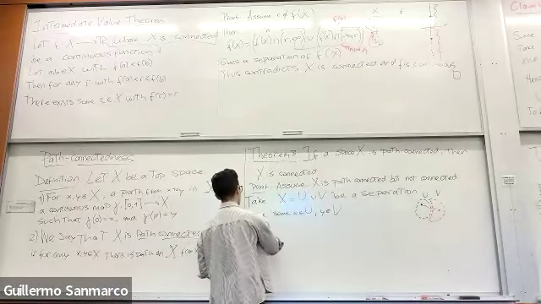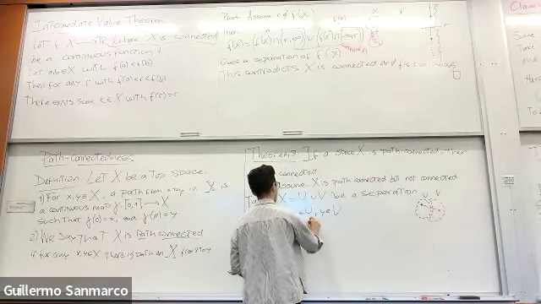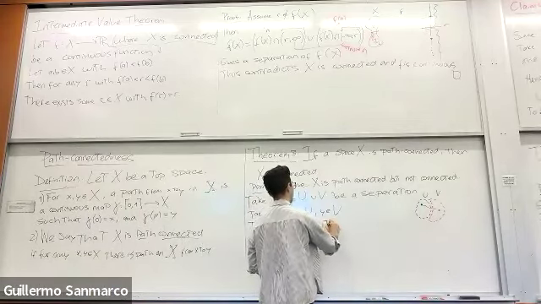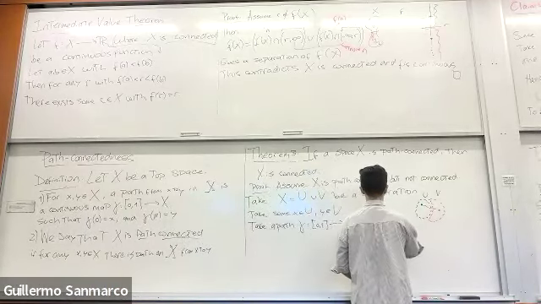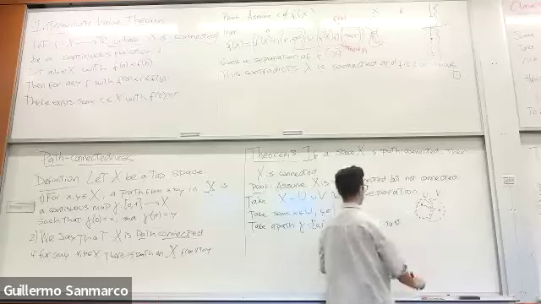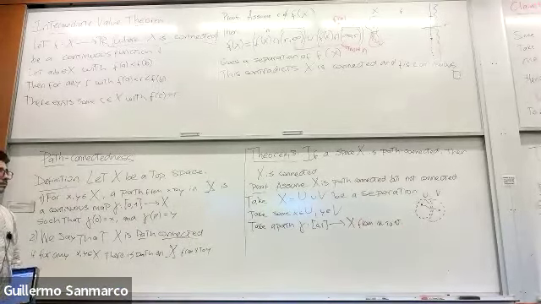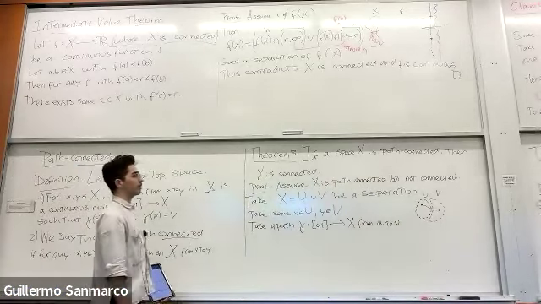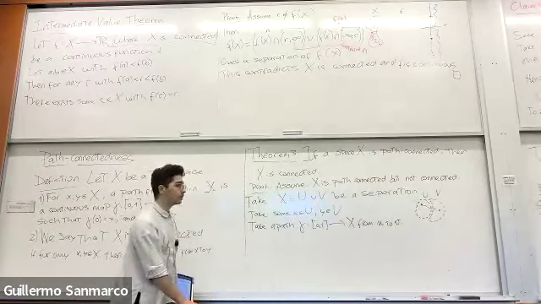So take a path gamma from [0, 1] to X, from U to V. And then what we're going to do, we can just pull back with gamma to [0, 1].